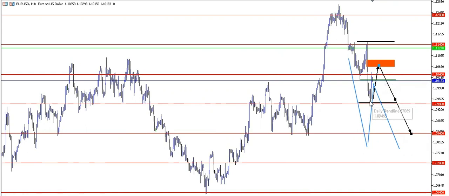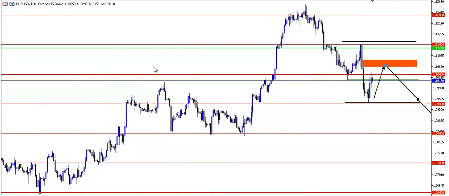But first of all, I will take my partials, or close about 80% of the trade around this zone first, 1.09400. Then from there, we look for another structure again to the downside. Basically this is it. This is just the plan, very simple.